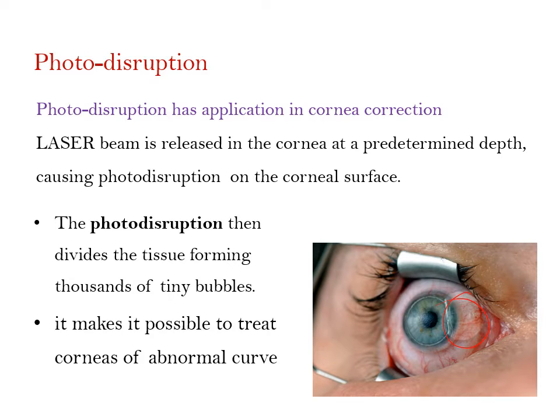So photodisruption divides the tissue, forming thousands of tiny bubbles, and this makes it possible to treat the cornea of the abnormal curve. So correcting the abnormal curve means correcting the refractive index of the cornea that will correct the eye disorder.